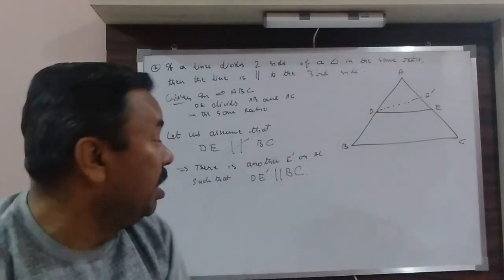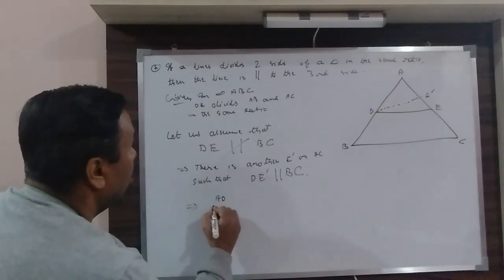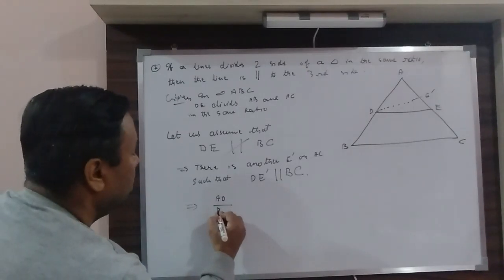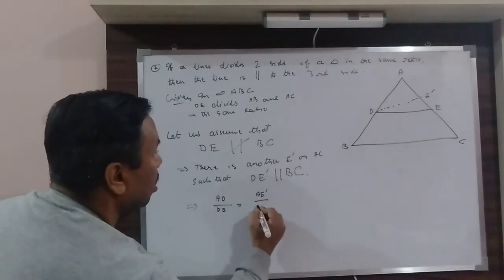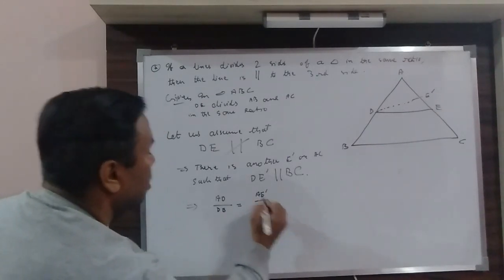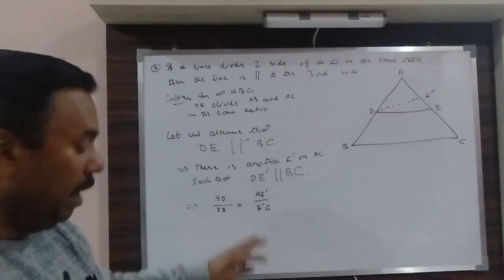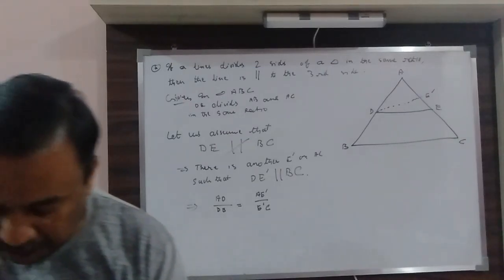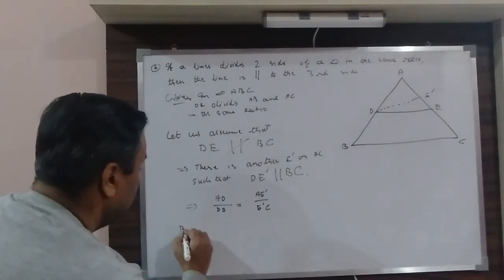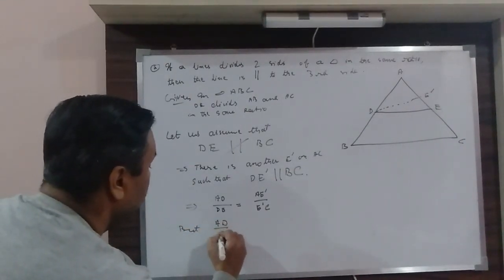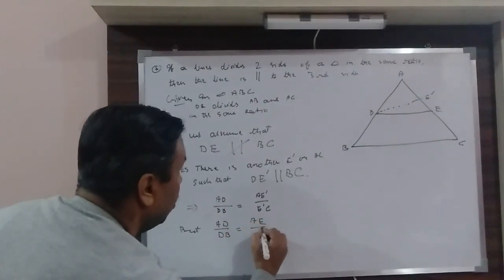If DE dash is parallel to BC, this will imply that AD over DB is equal to AE dash over E dash C. Okay, but it has been given that AD over DB is equal to AE over EC.